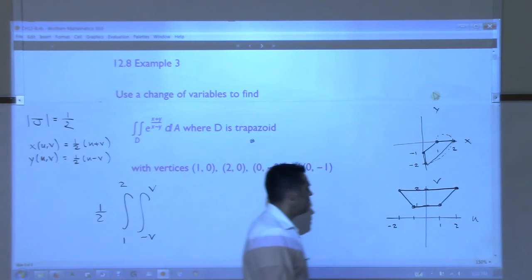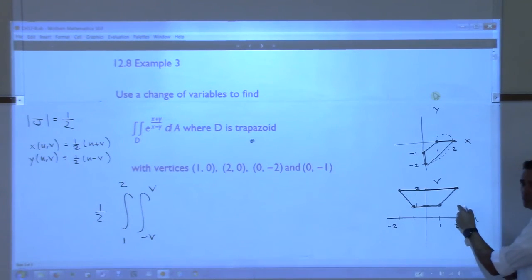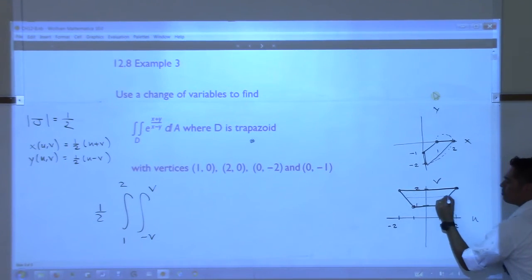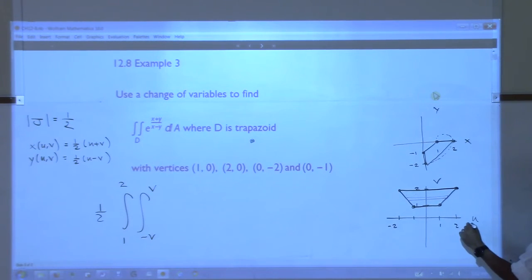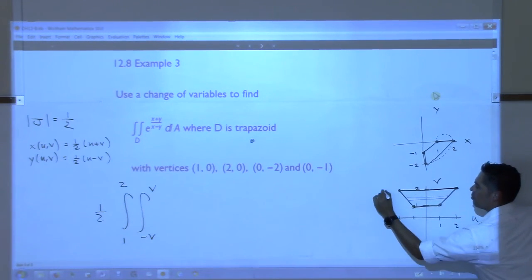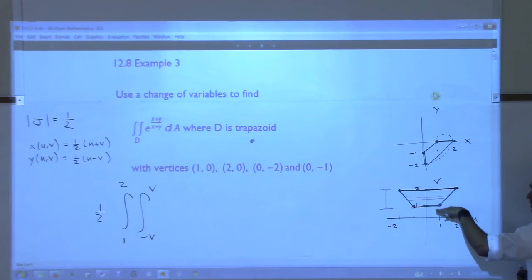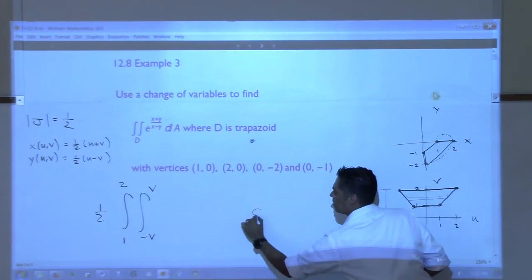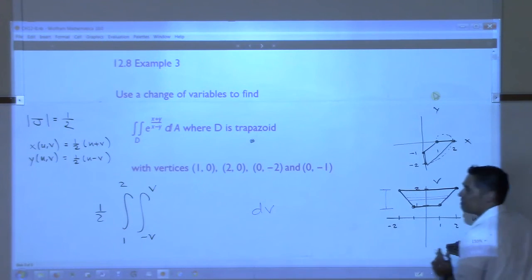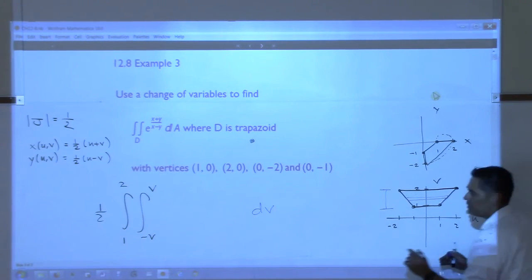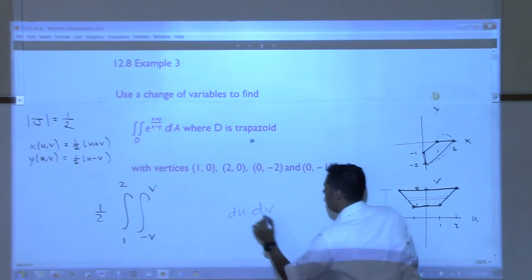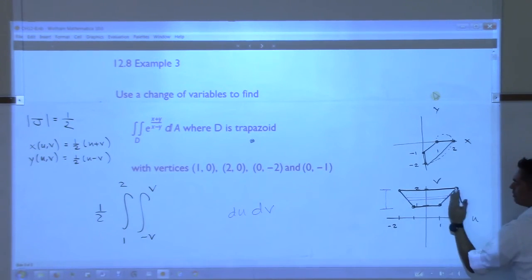So I'm looking at this as a type 2 region. I'm going this way with it. Okay? So what are my V's stuck between? 1 and 2. So I'm going to be doing dv on the outside. The inner integral will be du. So what are my restrictions left and right?